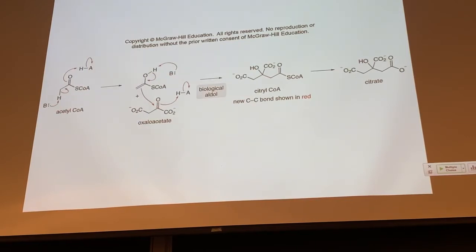We perform the aldol in the same fashion, where we have the proton transfer steps occurring simultaneous to the carbon-carbon bond forming steps. And that gives us citryl coenzyme A, and then that thioester can be hydrolyzed to generate the citrate. Okay.